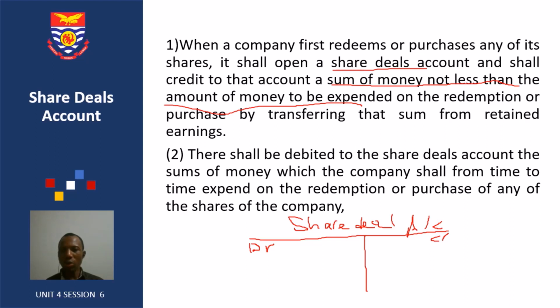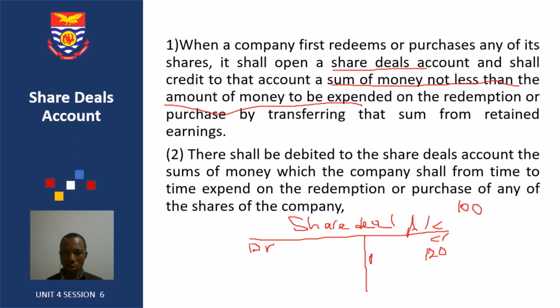So you go to the retained earnings. Maybe the amount that will cost for redeeming is 100 cedis. The law expects that you take from the retained earnings an amount not less than 100 cedis. So let's take 100 from the retained earnings.